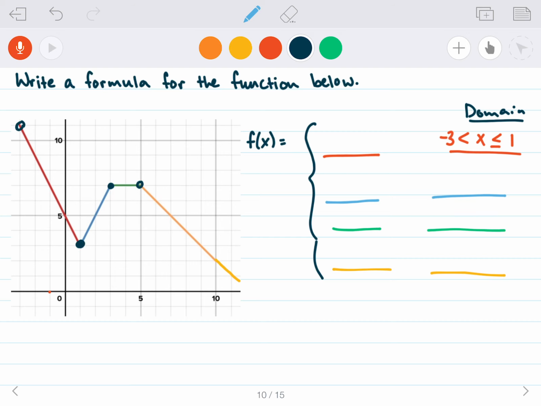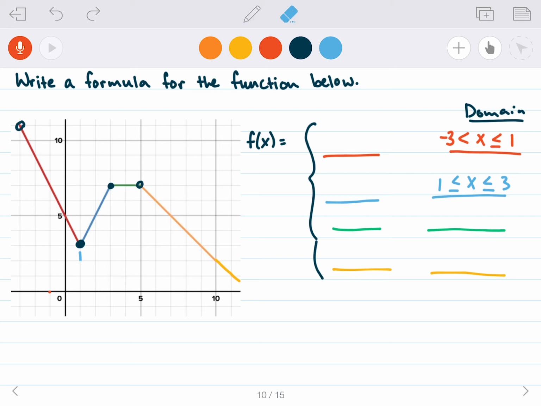All right, now for my blue domain, I'm starting here. This is my smallest x value, and that is at x equals 1. And then I'm going all the way until x equals 3. Okay, so x is going to be between 1 and 3. Both get a little line because we have closed dots on both ends.